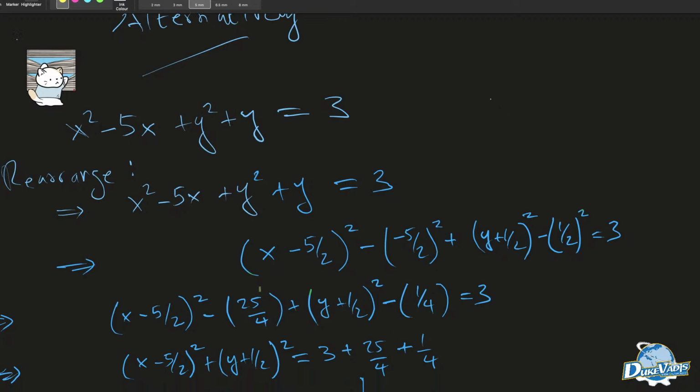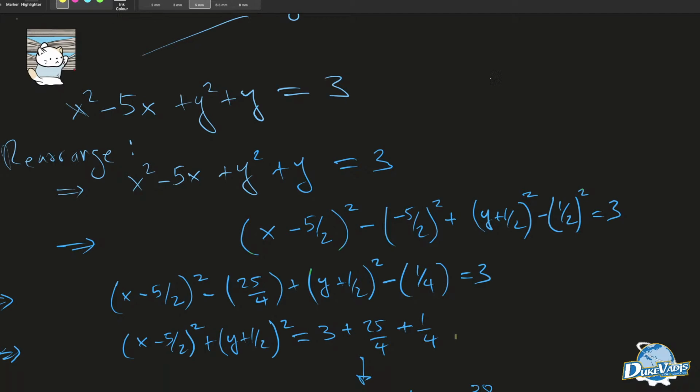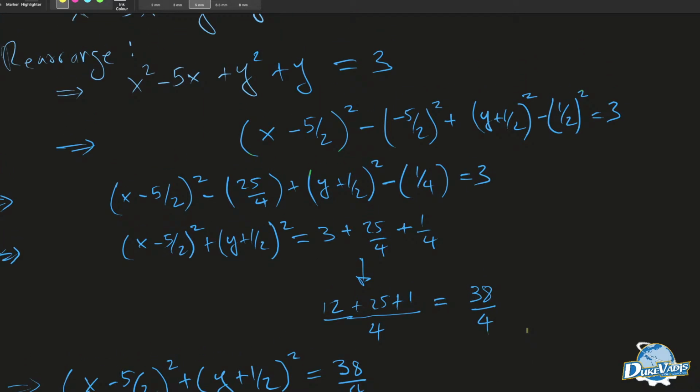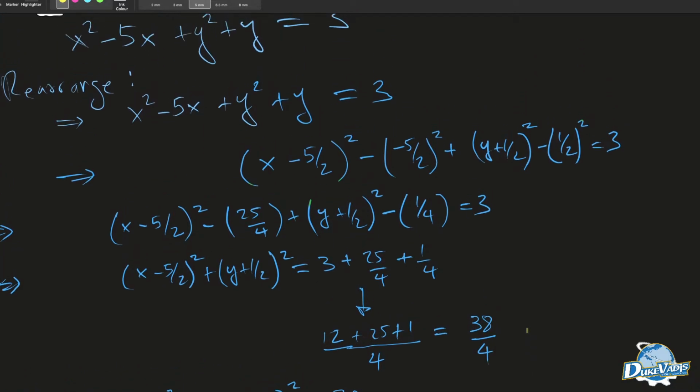So then we drag all of this onto the right, and we result in this fraction that says 3 plus 25 over 4 plus 1 over 4. When we solve it, we get this. So the whole expression becomes x minus 5 over 2 squared plus y plus half squared is equal to 38 over 4.